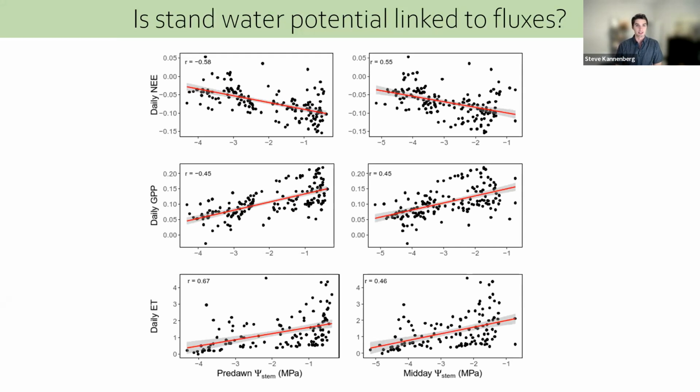We found pretty solid linkages between both daily pre-dawn water potential and daily midday water potential with fluxes of carbon and water across all time points, all fluxes, which indicates something quite intuitive here, which is that fluxes of carbon and water during the daytime are impacted both by the mean aridity of the system, reflected by pre-dawn water potential, and also how vegetation regulates itself around that mean aridity, which would be reflective of the midday stem water potential.